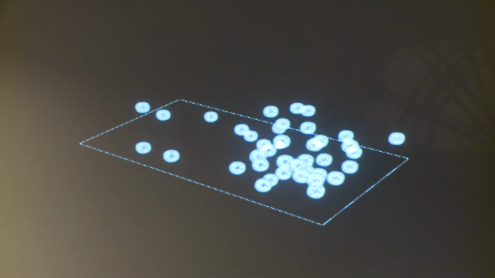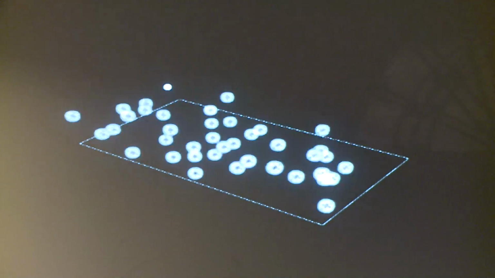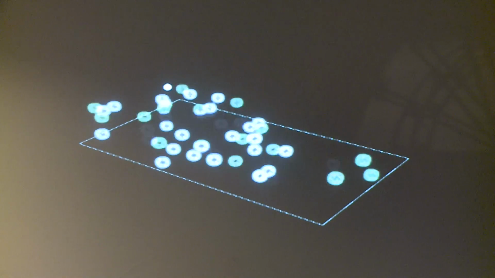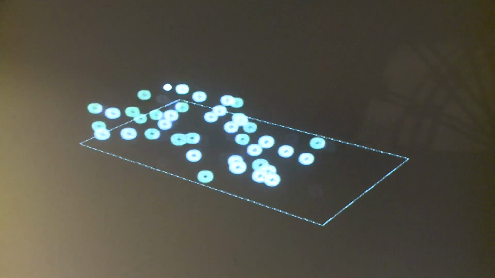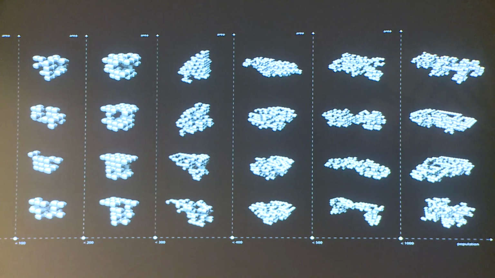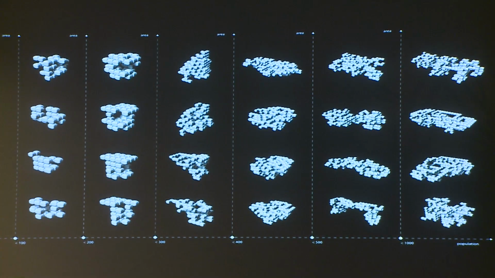Which is here, it's a horizontal goal, so they learn which direction to go according to that. And this is a catalog that shows the populations and what a population can do from 100, 200, 400, 500, and to 1,000.